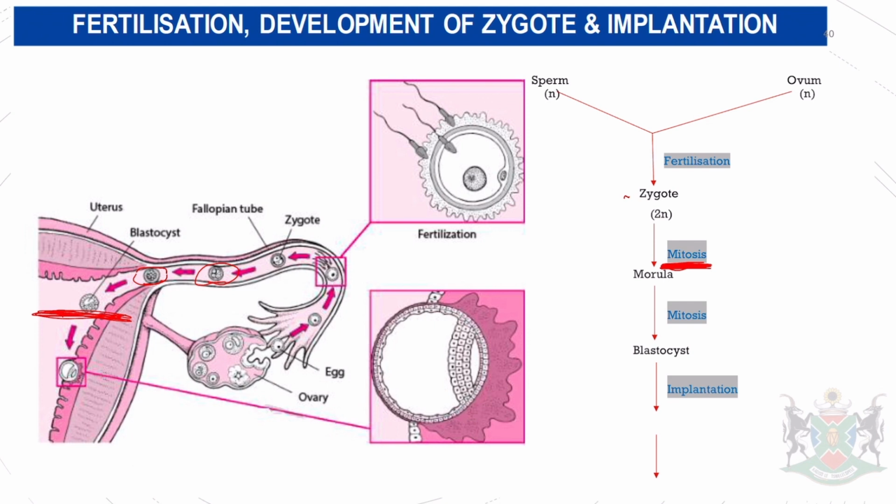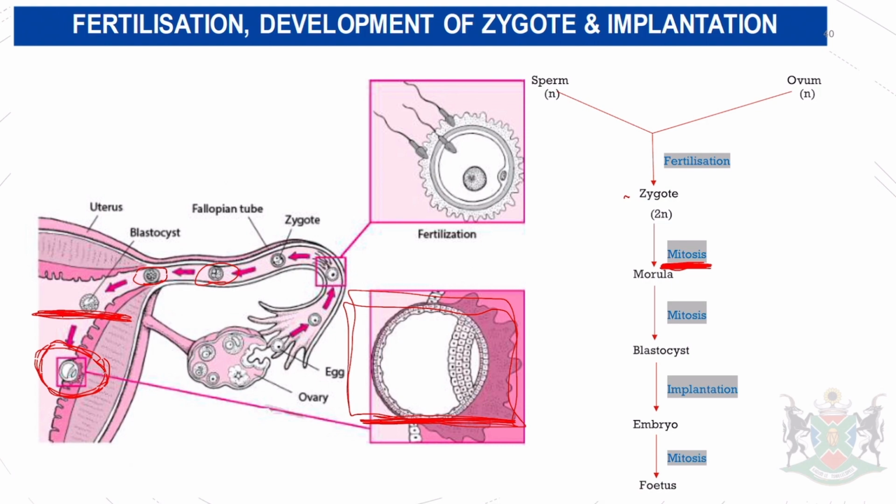And then the blastocyst will bury itself in the thick endometrium, and we call that implantation. Then, as you can see over there, it has implanted itself on the endometrium. And then after implantation, the blastocyst continues to grow by mitosis to form an embryo, and it will grow again to form what we call a fetus.